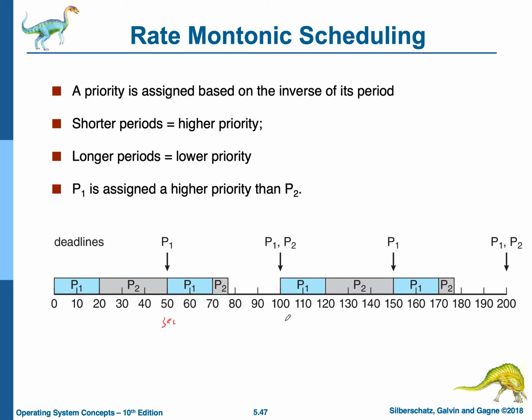P1 and P2 should complete up to 100. For the first period, there are maybe 4 periods of P1. The first period should be completed up to 50 seconds, the second period up to 100 seconds, the third period up to 150 seconds, and the fourth period up to 200 seconds. Similarly for P2, 1, 2 and 3.